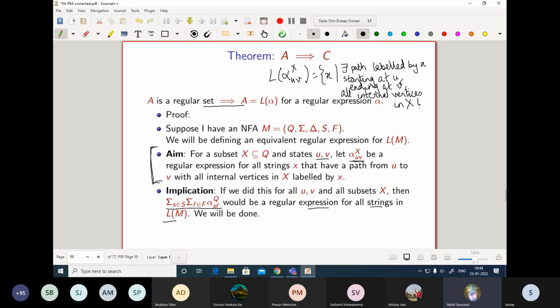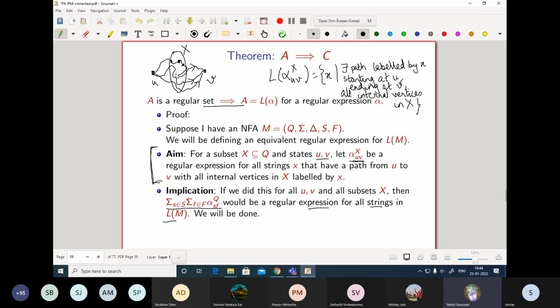So if I had this pictorially, you look at the NFA, you have this set X could contain U and V, but look at all the paths. These paths could be of any form. There could be many paths.